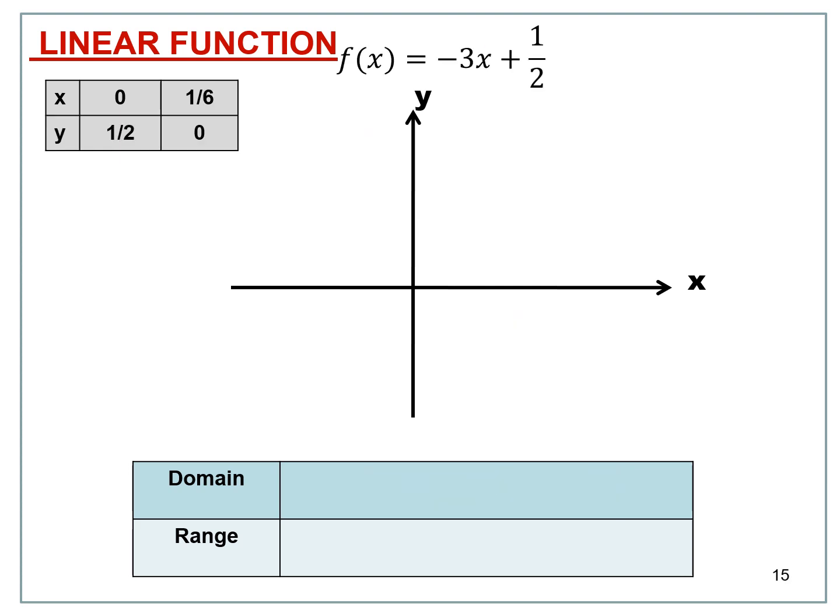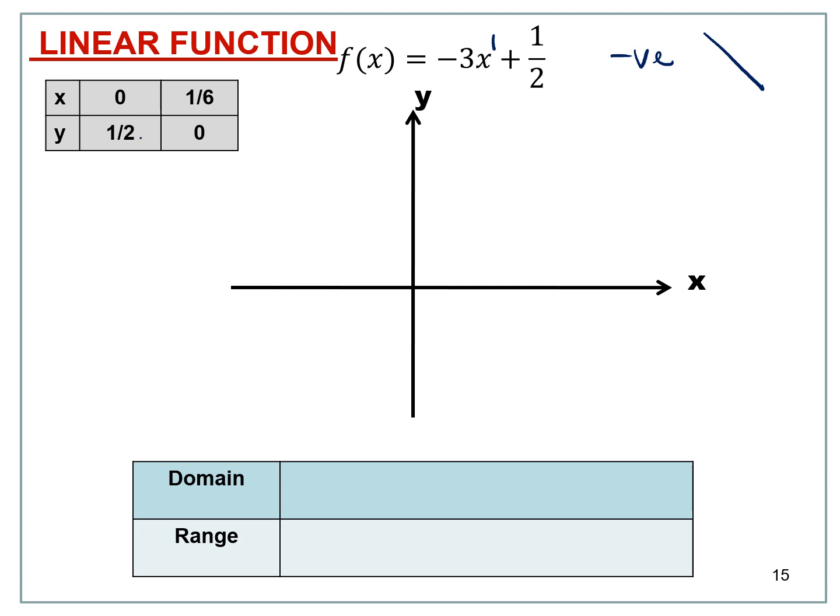Okay, let's move to another example. f(x) = negative 3x + 1/2. This is power 1 and the gradient is negative, so the shape should be like this. Then test the values.